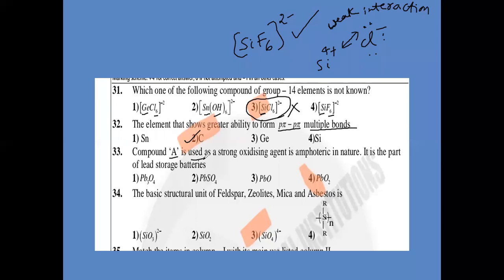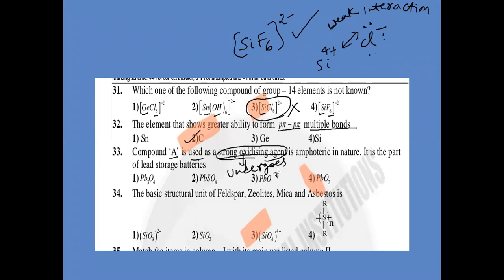Next, compound A is used as a strong oxidizing agent. The first thing to understand: a strong oxidizing agent undergoes which reaction? It undergoes reduction, and very easily.